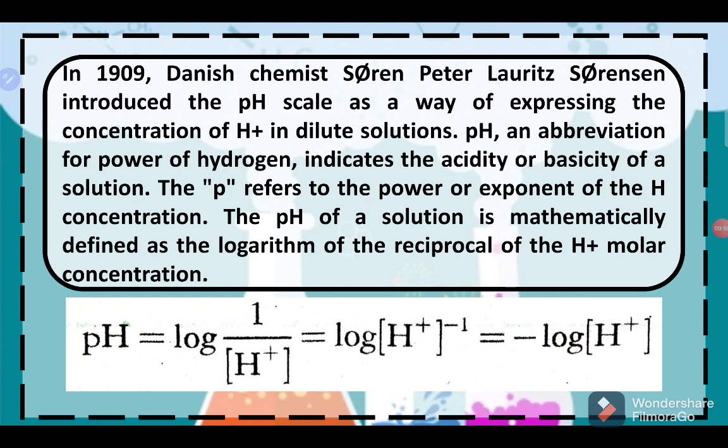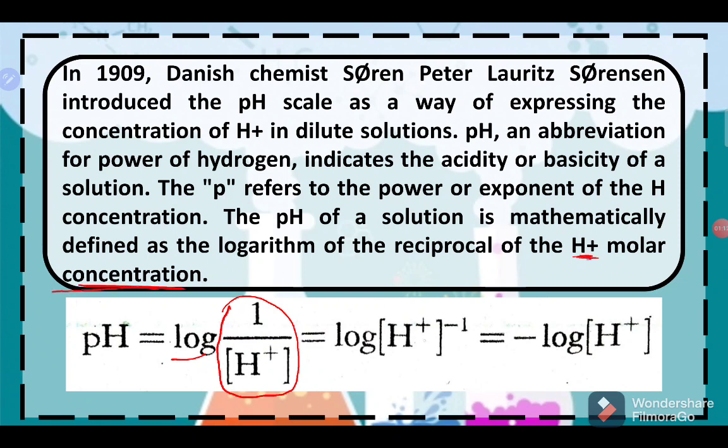So we have here the formula. pH is equal to the logarithm of the reciprocal of the hydrogen molar concentration.